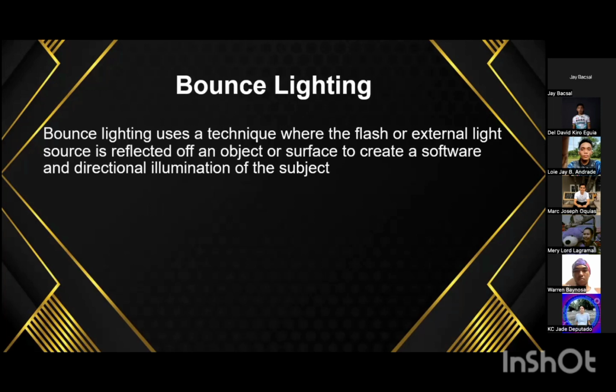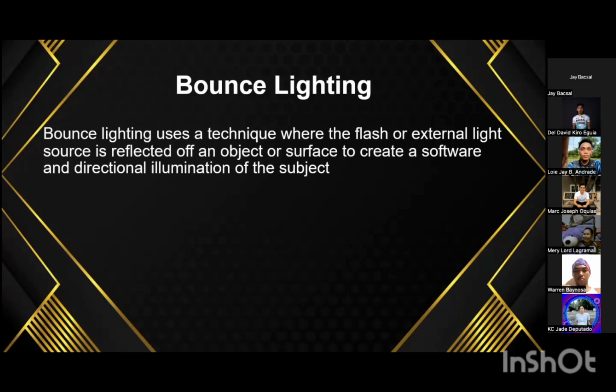Bounce lighting. Bounce lighting uses a technique where the flash or external light source is reflected off an object or surface to create a softer and directional illumination of the subject. So bounce lighting is a technique in which a light source is directed at a surface such as a wall or ceiling, and the reflected light is used to illuminate the subject indirectly.